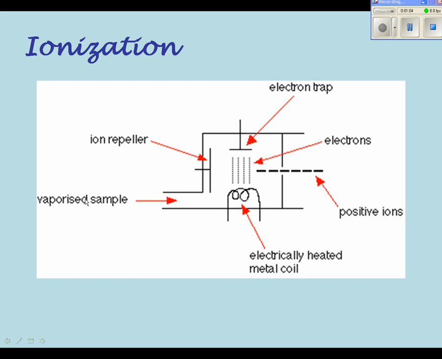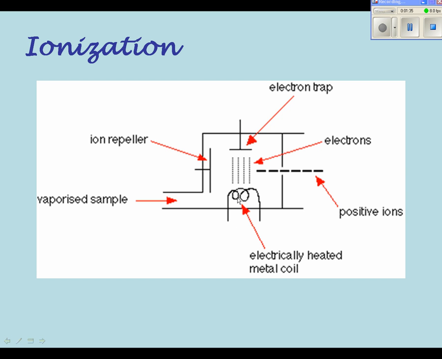Now, the sample that's being analysed is inserted into the ionisation chamber in the form of vapour, and the vapour fills the chamber. Within this chamber, there is a warm electric coil that, as the metal heats up, the electrons become more energetic and they gain enough energy to be pulled away from the coil towards an electric plate on the other side of the mass spectrometer that has a fairly strong positive charge.